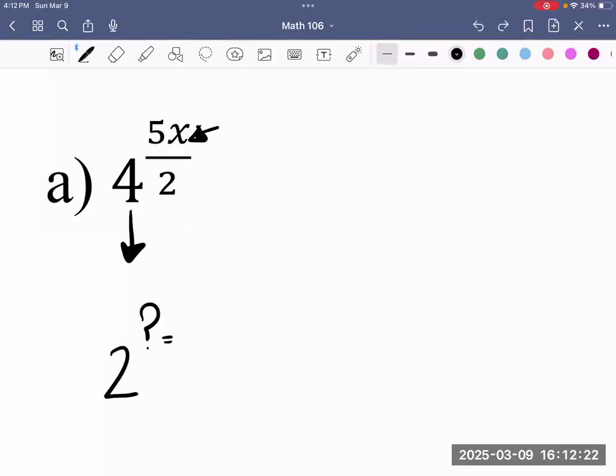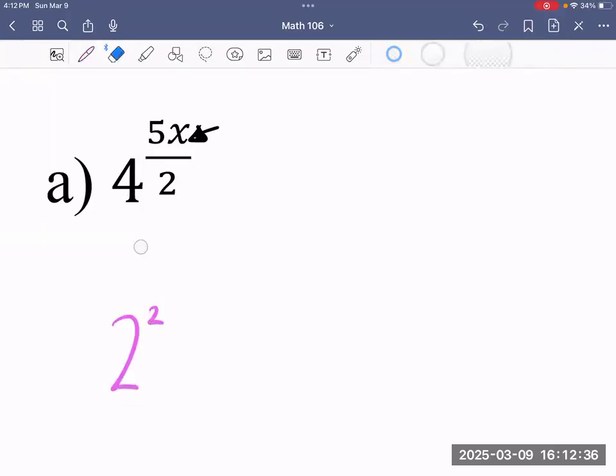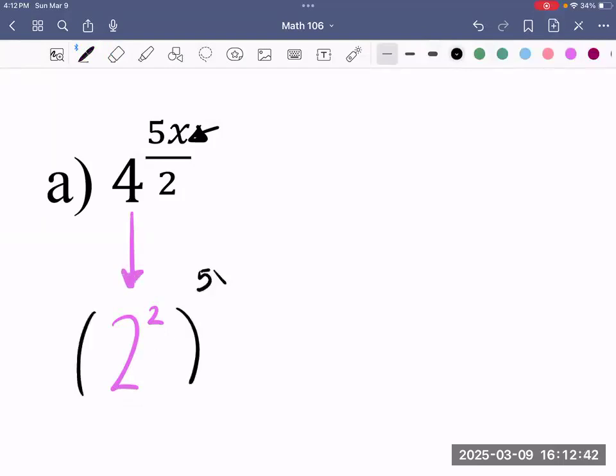Well, 2 squared is equal to 4. So this 4 becomes a 2 squared. And then we keep the exponent here, that kind of just drops down.